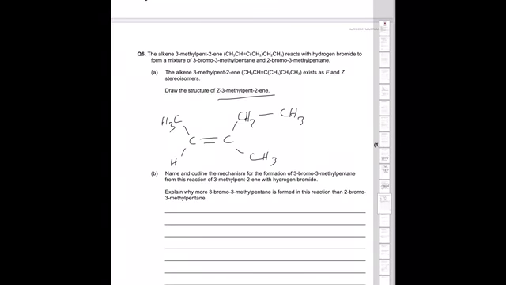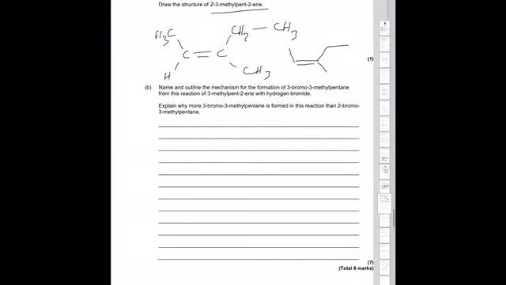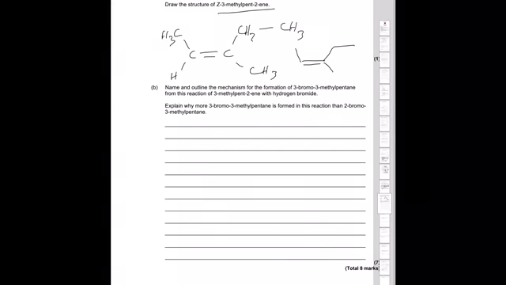So the Z means that the two big groups are on the same side, and the big group on the left is the methyl, and the big group on the right is the ethyl. So there it is as a sort of a hybrid structure, and then there's the skeletal.